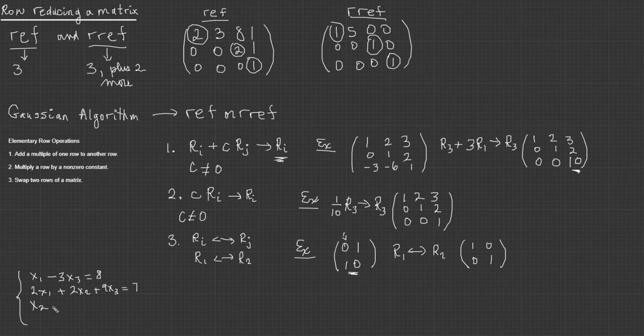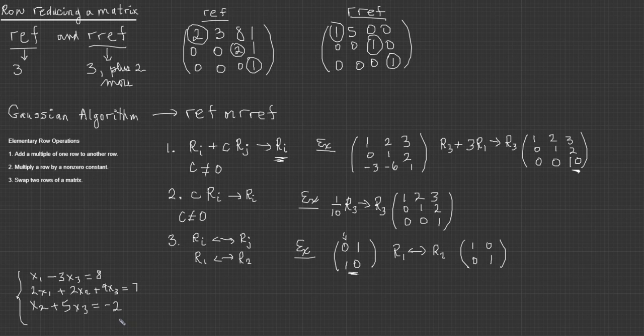And x2 plus 5x3 is equal to -2. So we could use our algebra skills to do some operations on the equations, like adding or subtracting equations, multiplying an equation by a non-zero constant, or maybe swapping positions of equations. And that's just like the row operations that we would do on a matrix.